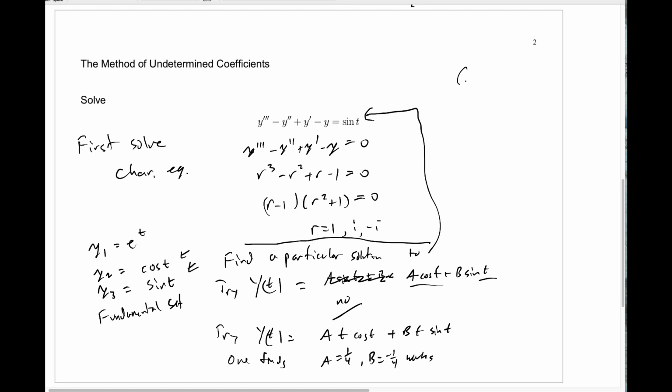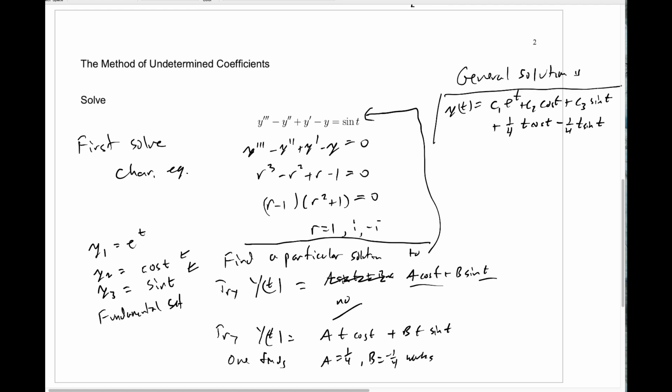And thus our general solution to the non-homogeneous equation is y of t equals c1 e to the t plus c2 cosine t plus c3 sine t plus our particular solution, 1/4 t cosine t minus 1/4 t sine t. And this will work for any real numbers c1, c2, and c3.